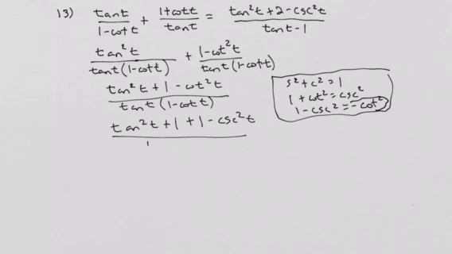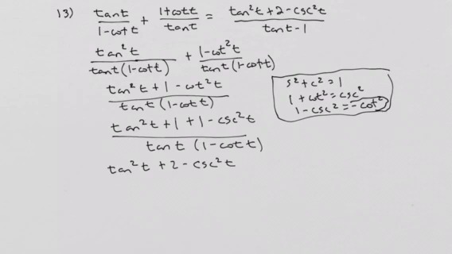On the bottom, I still have tan t times 1 minus cotangent of t. Okay, so up in the numerator now, I've got tan squared t plus 2 minus cosecant squared of t.